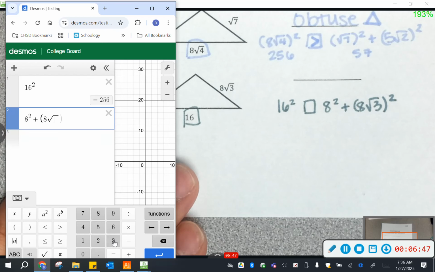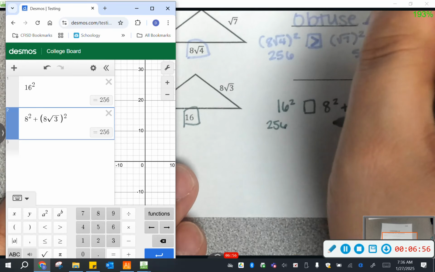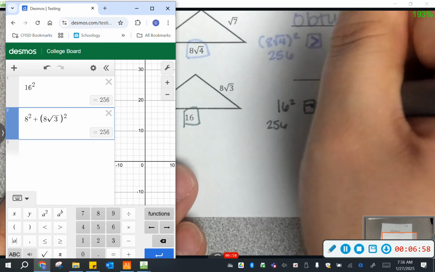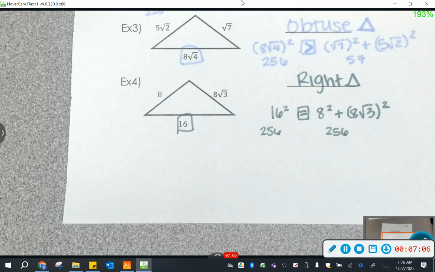Again, you have to have parentheses around it. And what do we notice about the last one? So what does that mean? It is a right triangle. That is what you were supposed to get out of the converse of Pythagorean theorem.